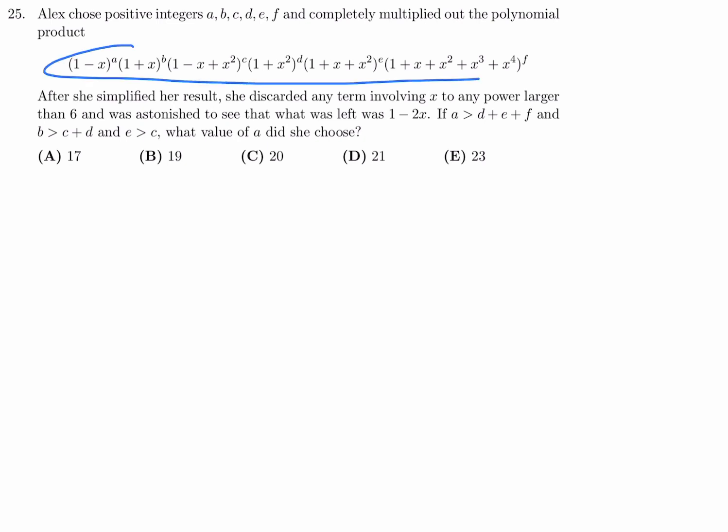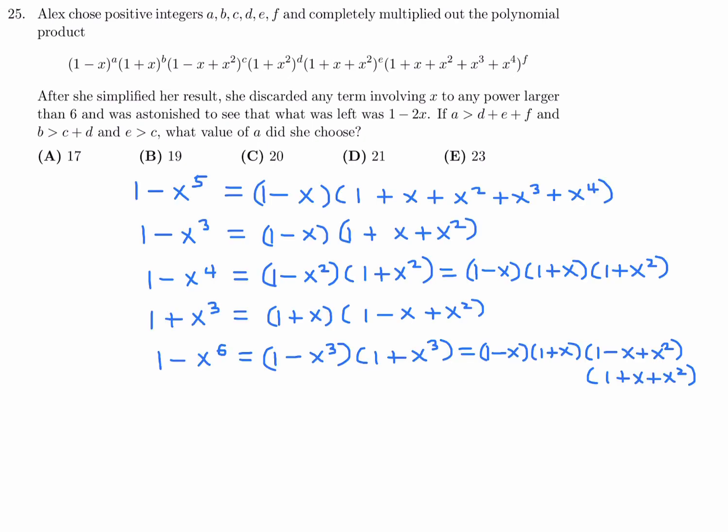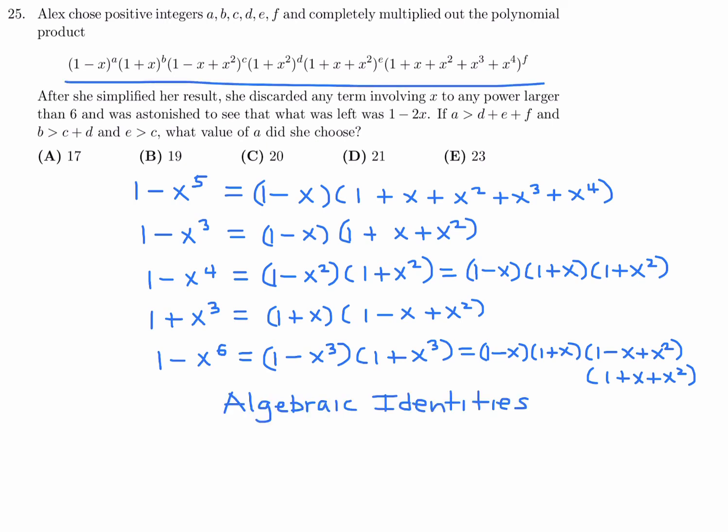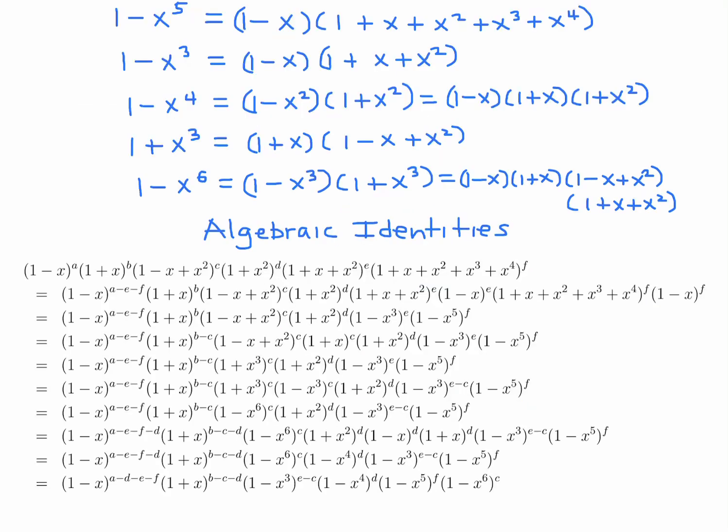The first thing in this question is to try to simplify this, and we do that by noticing that there are certain algebraic identities that we can utilize. These algebraic identities are used to simplify this into a slightly better form as follows.